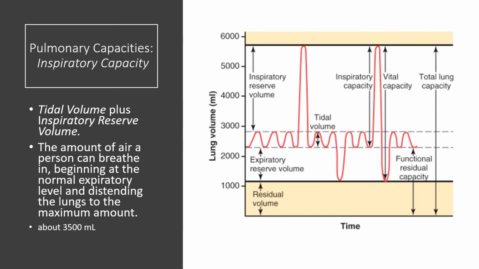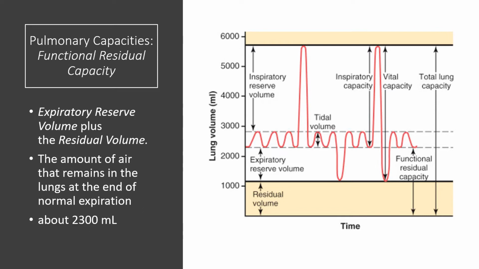This is the sum of the tidal volume and the inspiratory reserve volume. The functional residual capacity is the amount of air that remains after a normal expiration and is composed of the residual volume and the expiratory reserve volume.